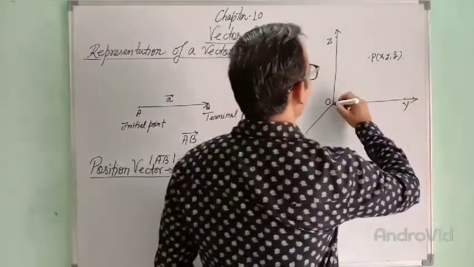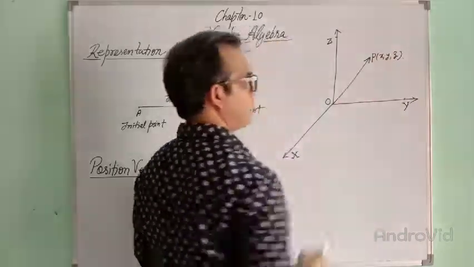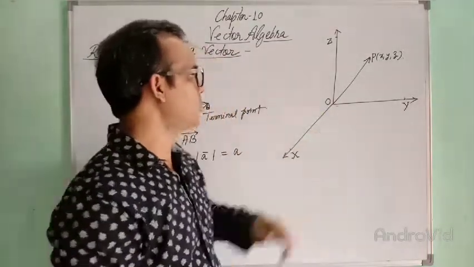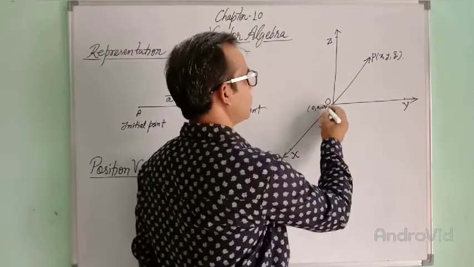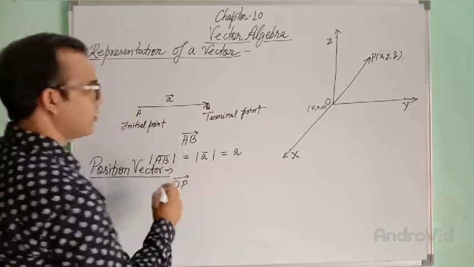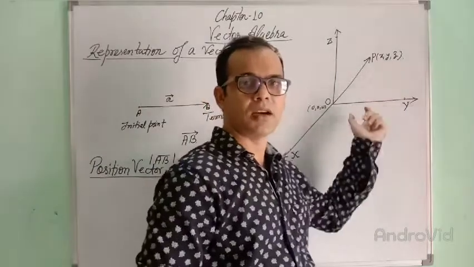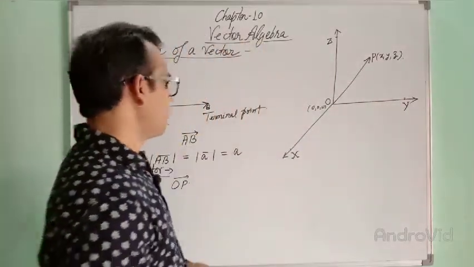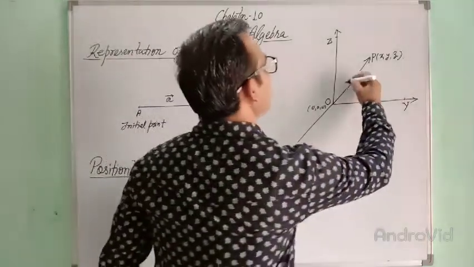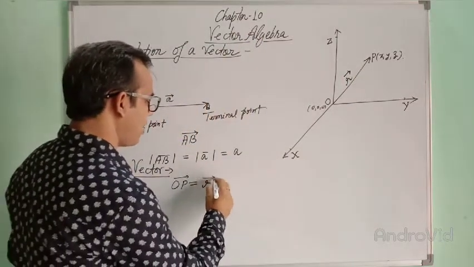Then join O to P. So this vector OP will be called the position vector of P with respect to origin O. This is the point (0, 0, 0). It means vector OP will be the position vector of point P with respect to origin O. So vector OP is the position vector, or simply you may write it as vector r. So vector OP equals vector r.